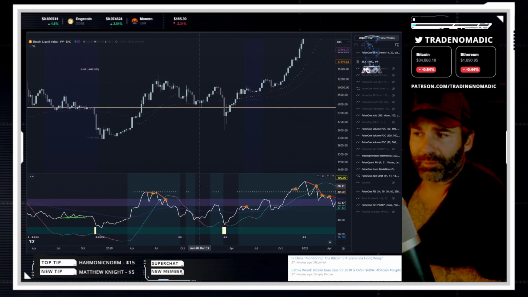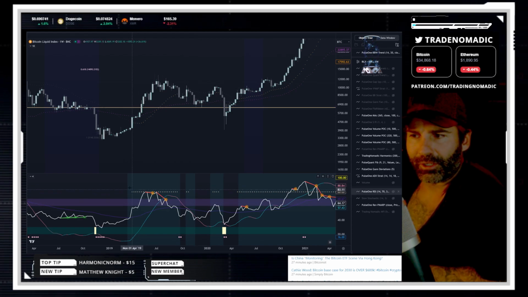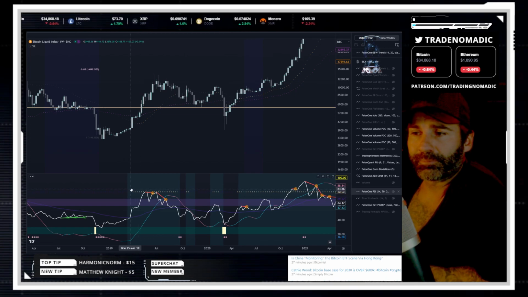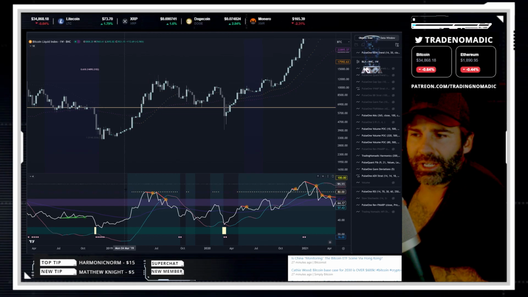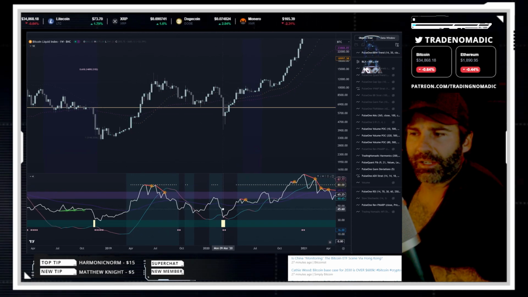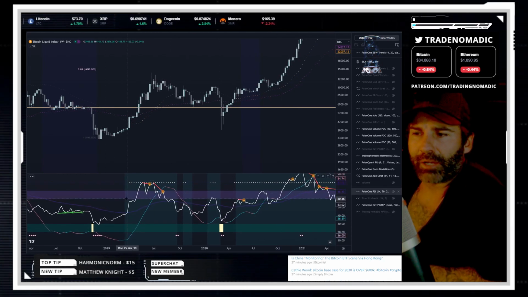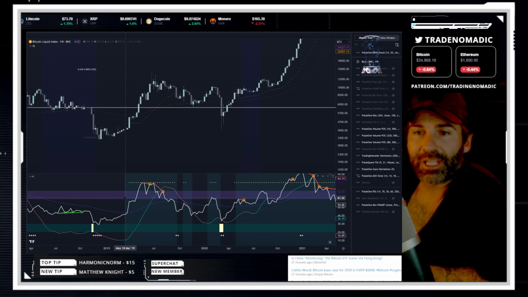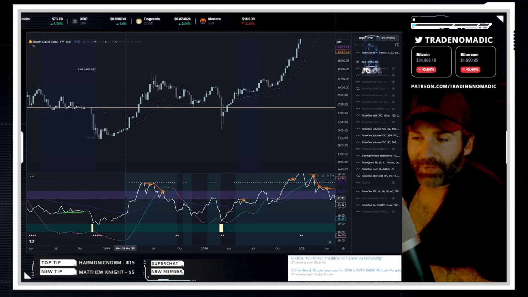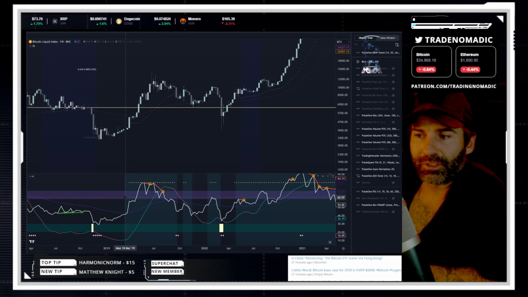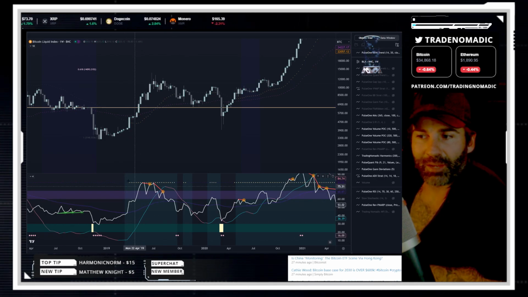I have it off, but it's there if you wanted to turn it on rather than have it on your chart. But you do have this green in the background of the RSI. Again, you can turn it on and off, but the green in the background is telling you that OBV, on balance volume, is expanding. So that would be a bullish signal.